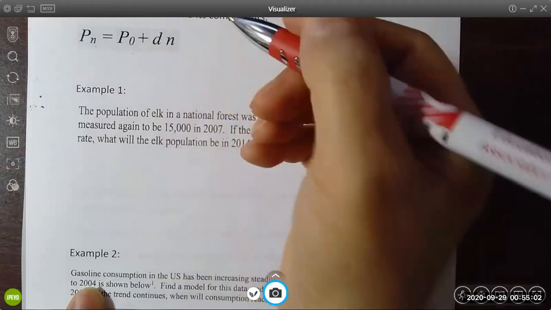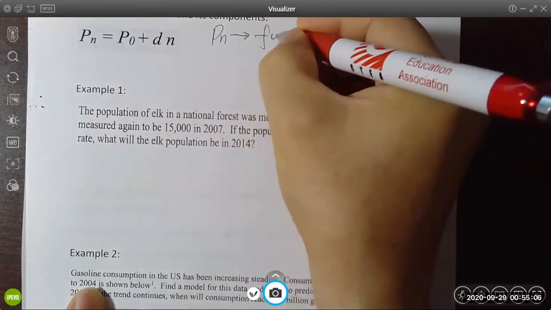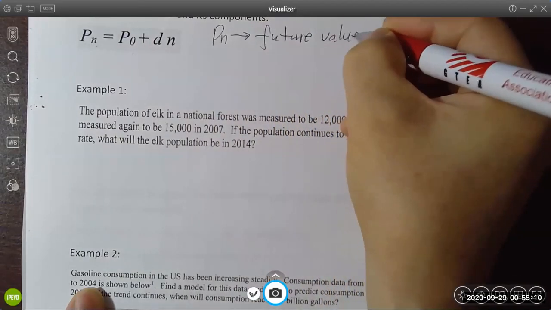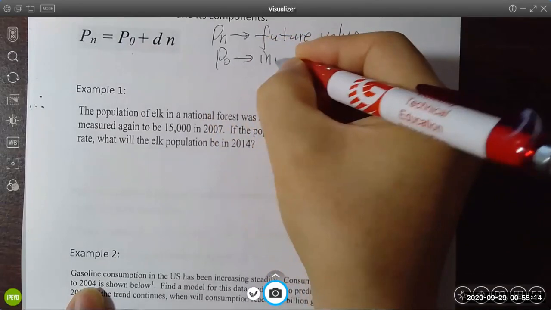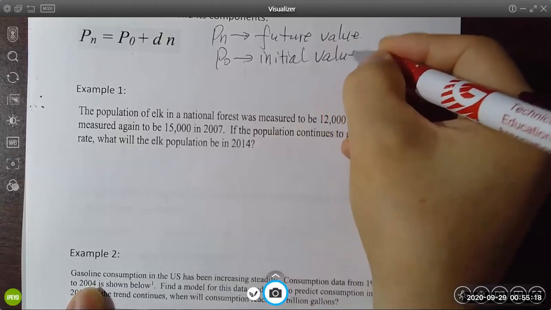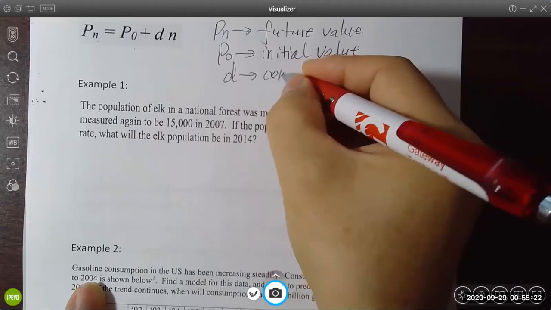Again, I'm going to write it down here. Pn represents the future value. P0 is the initial value. And D is called the common difference.